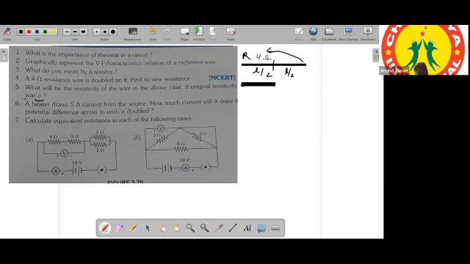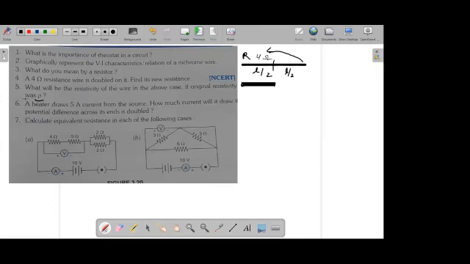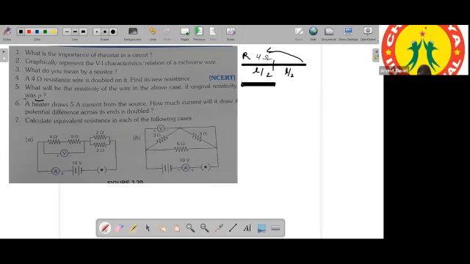Vedika? Yes, Vedika, what will be the answer? A heater draws 5 ampere current from the source. How much current will it draw if the potential difference across its ends is doubled?